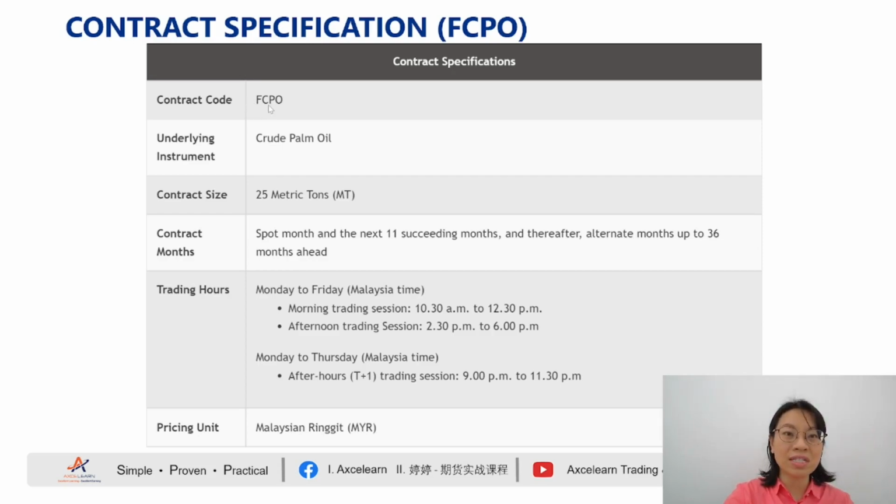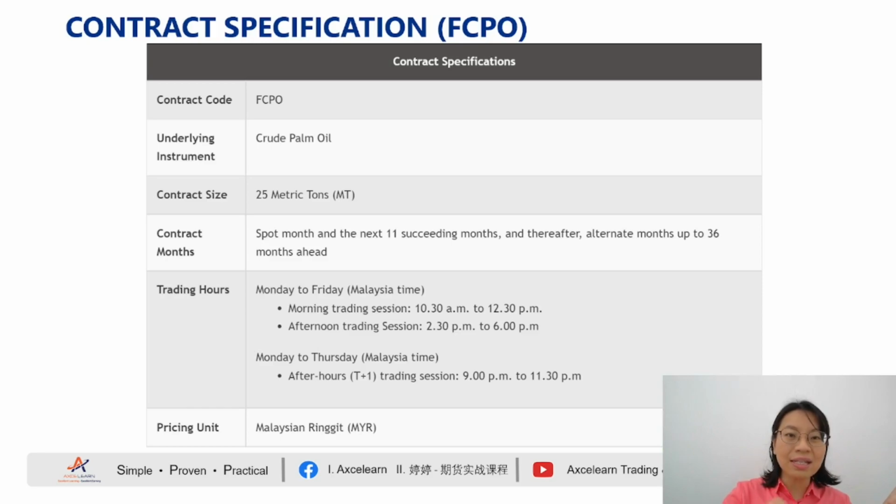So it's our FCPO. The underlying instrument is crude palm oil, for those who are trading or transacting crude palm oil outside. And the contract size is equivalent to your FKLI. Just now for FKLI, 1 point is equivalent to 50 ringgit Malaysian.